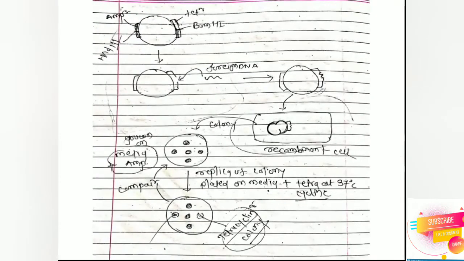You can see here a plasmid, an example of a vector, and here is our tetracycline resistance gene. In this marker gene we introduce our foreign DNA at this site, and we get a recombinant DNA. With the help of our previous methods of gene transfer, we can introduce this recombinant DNA into the bacterial cell.